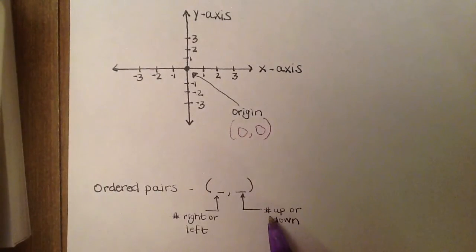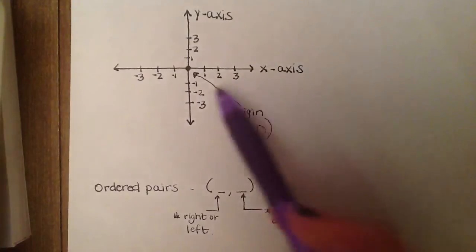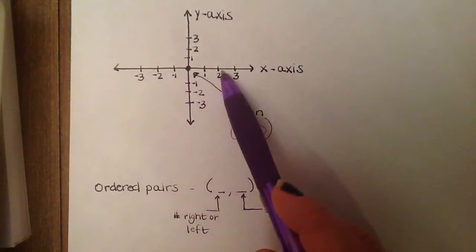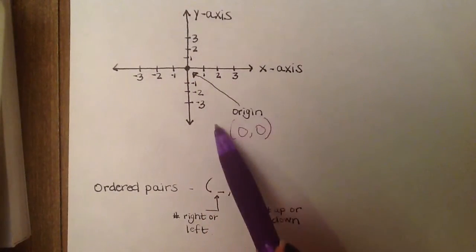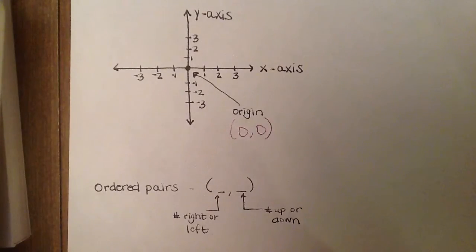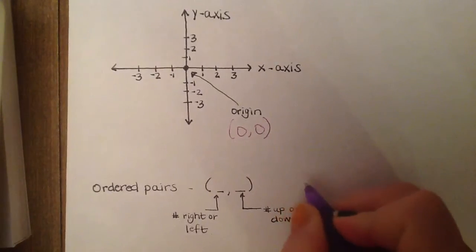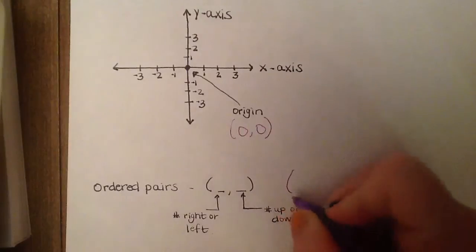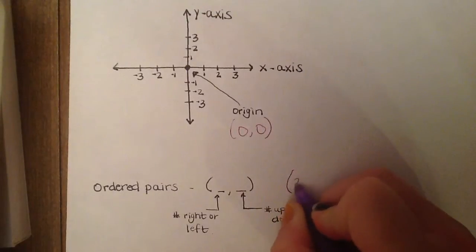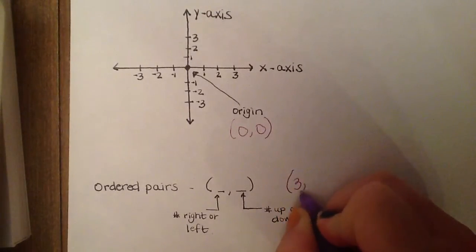From there, the second number tells us how many I am going to move up or down. So once I move right or left, I then move up or down from that point. For instance, let's say I have the point 3, 1.